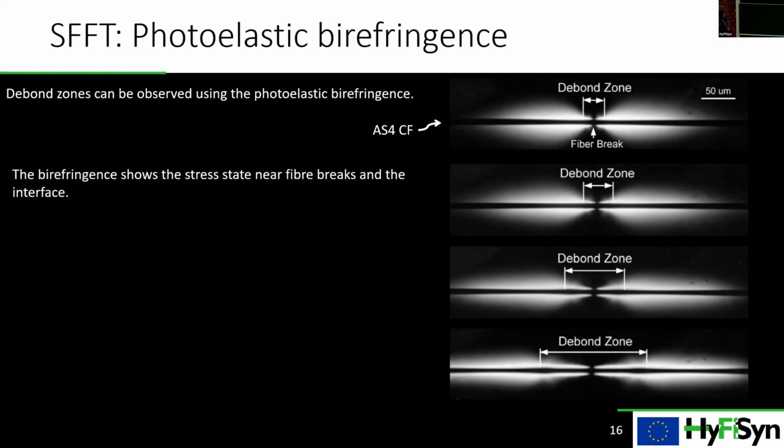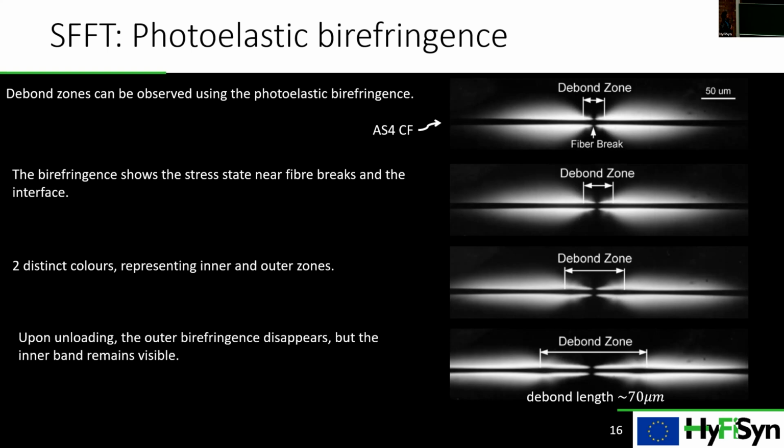And we can see that also there are 2 distinct colors near the fiber break, representing the inner and outer zone. And as you go further in the strain, you can see this distinction clearly. But I would also say that upon unloading, the outer zone will disappear and only the inner zone will remain.